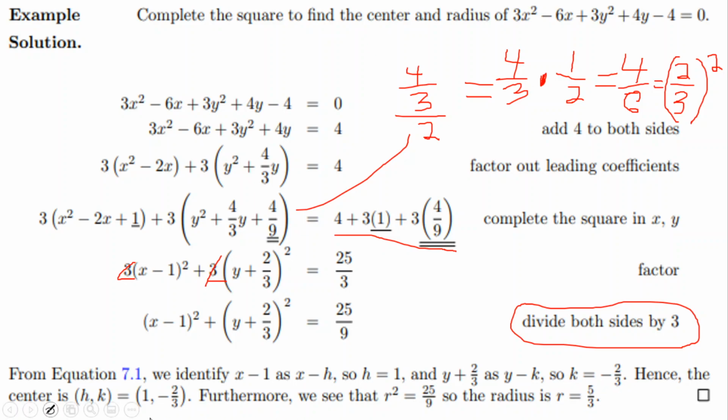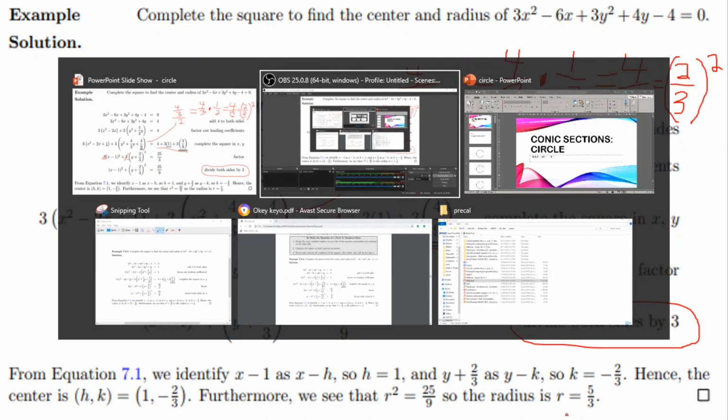Hence, the center h, k is 1 and negative 2 over 3. Furthermore, we see that our radius r squared is equal to 25 over 9. So, the radius is 5 over 3. Okay, that's all. Thank you for listening.